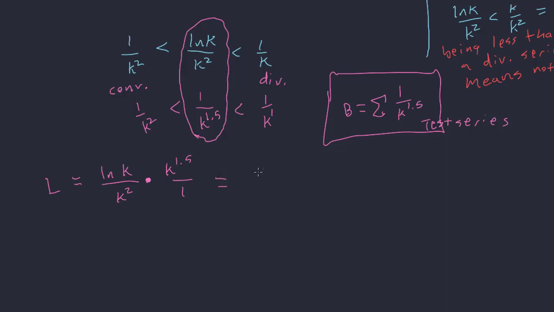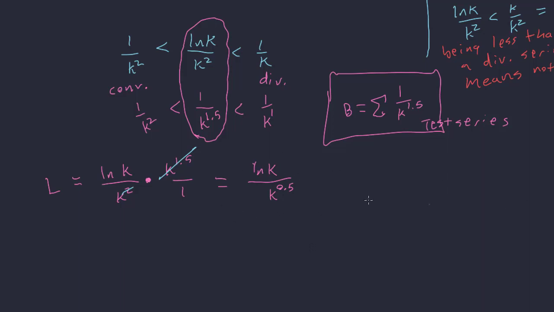Okay, so these will cancel. The k to the 1.5 and the k squared will leave this ln k up top and this k to the 0.5 on the bottom. So we're taking the limit of this.